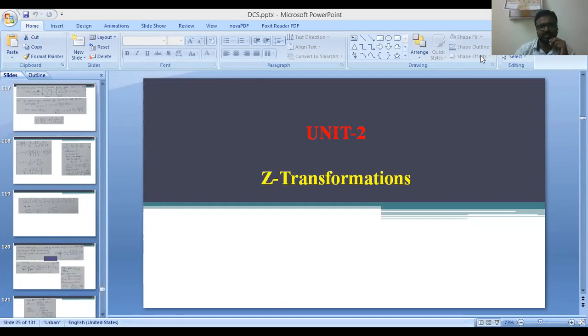All the discrete data systems are going to be cascaded with the zero order hold circuits. So in the previous class we have seen one problem, that is the open loop control system.